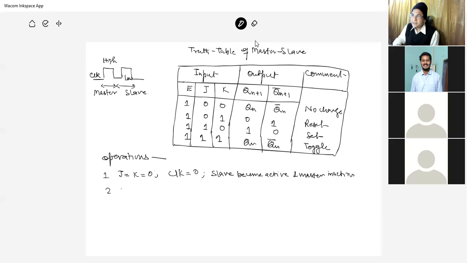The second, J is equal to 0, K is equal to 1, and clock is 1. Slave becomes inactive, while master is active.